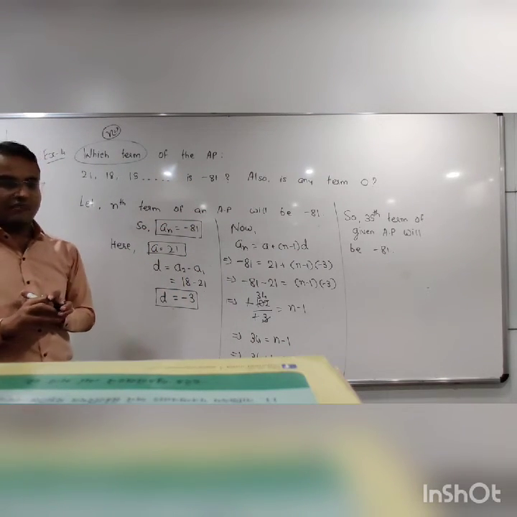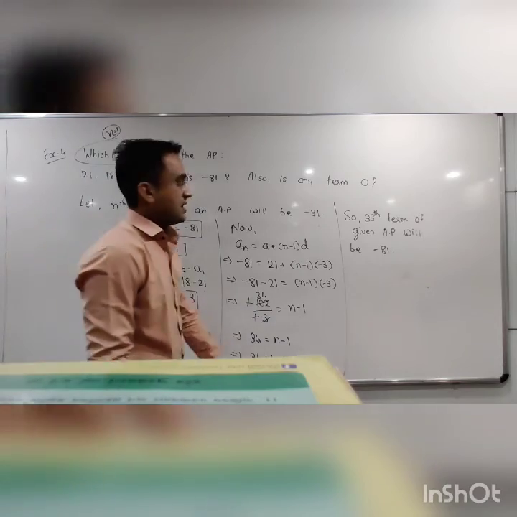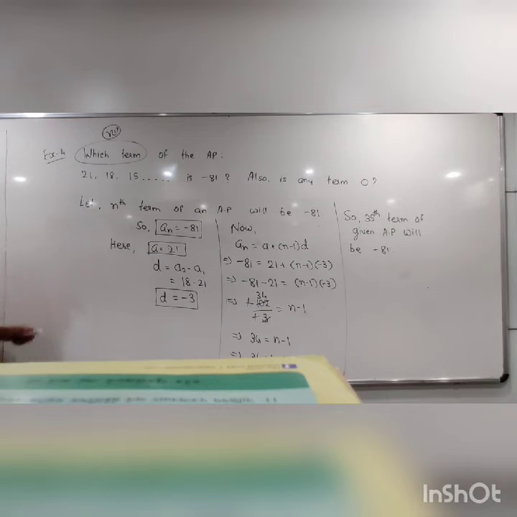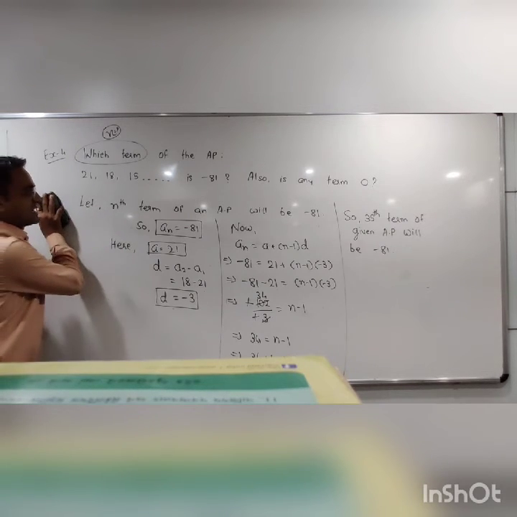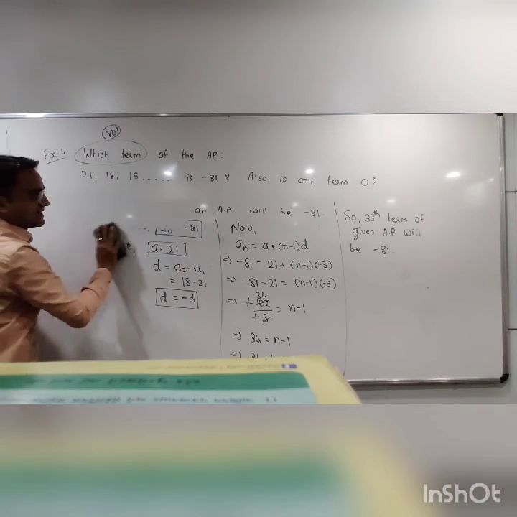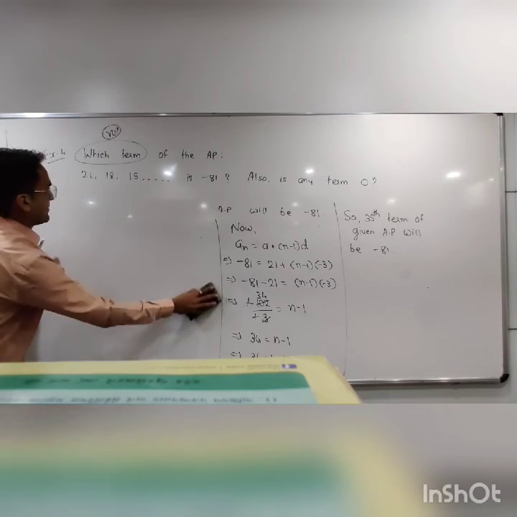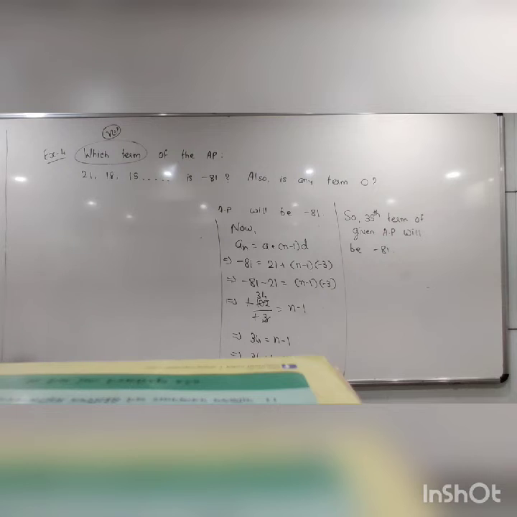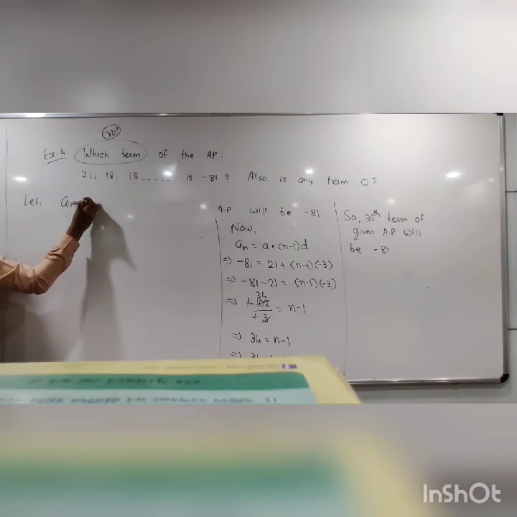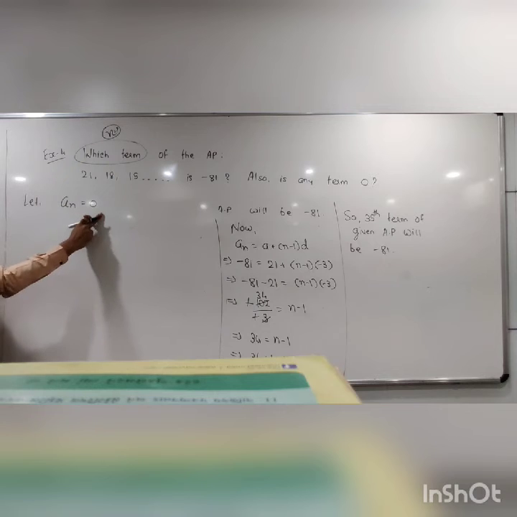Minus 81, 35th. नाउ वी हैव टू चेक इज एनी टर्म 0. तो हम पहले असड्यूम करें कि let, अब ये कंटिन्यू है सो आगे के पार्ट में यहाँ पे लिखता हूँ कि हम असड्यूम करें कि चलो 0 है, so let an is equal to 0. इसकी कोई nth टर्म 0 है, ऐसा हम असड्यूम करें.